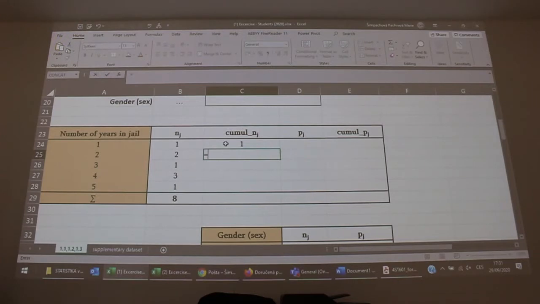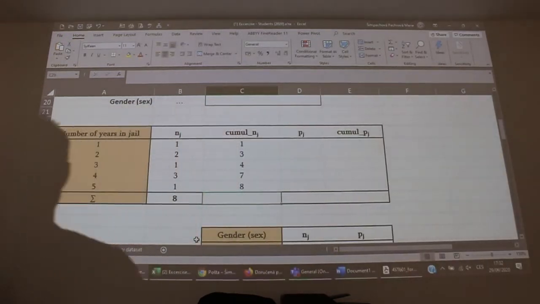So there is previous value 1 plus this value 2, enter, and we can continue: equal sign, previous value in this cumulation column plus the value on the present row in the column of absolute frequencies, enter, and here again equal sign this value plus this value on the present row.